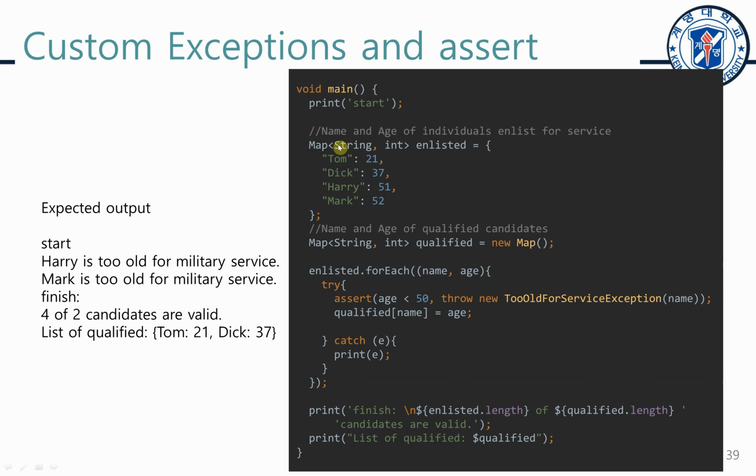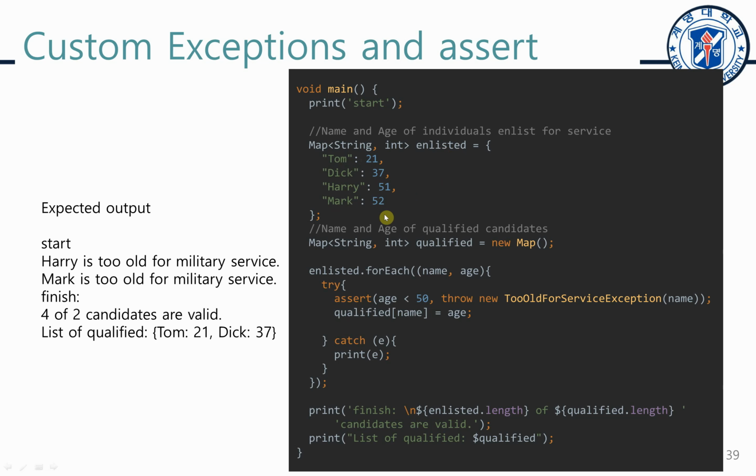If you remember, when we talked about variable types, we talked about maps, lists and sets. We created a map because in a map we can create our own key and the value associated with it. So our map contains a string key and an integer value, and we call our map enlisted. Tom is 21, Dick is 37, Harry 51, and Mark is 52.